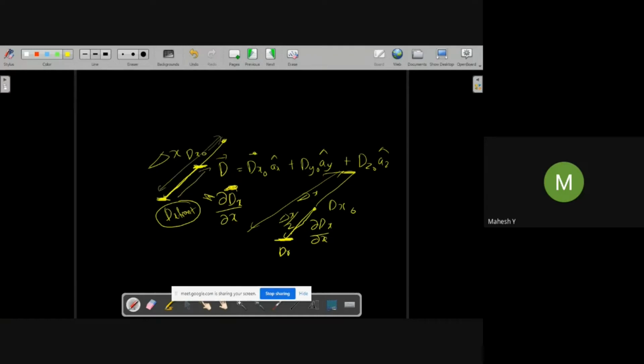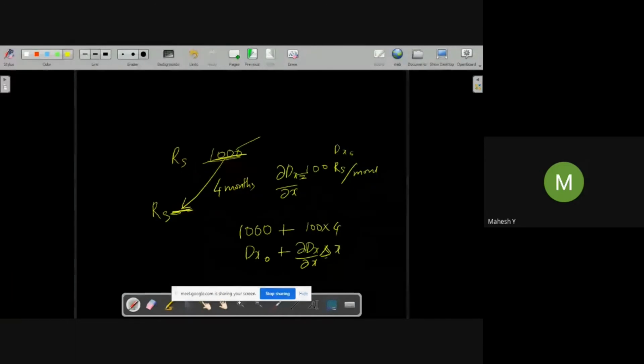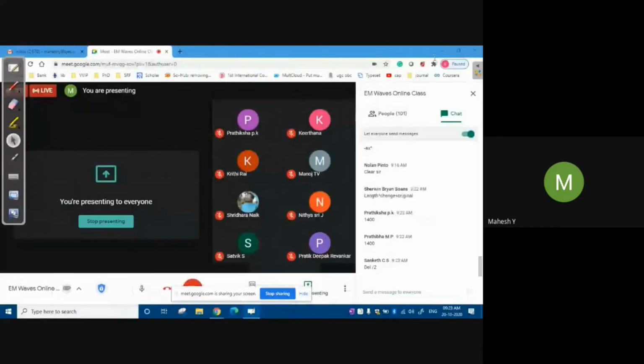So how much will this be? This will be delta x by 2, right? So dou dx by dou x into delta x by 2. Is this clear? Yes, very good.